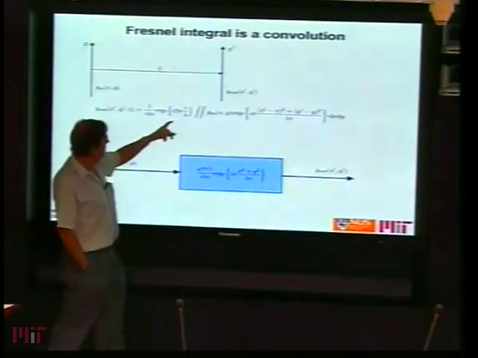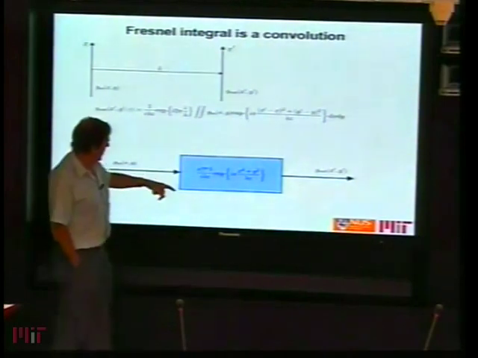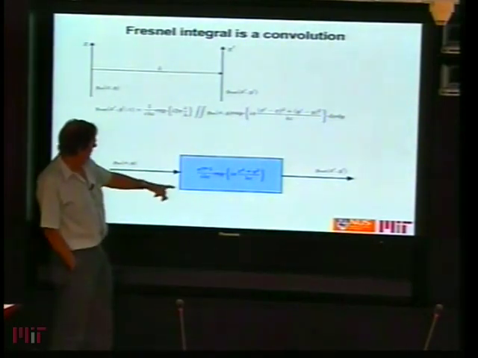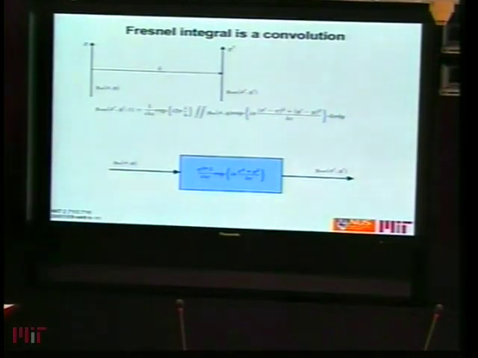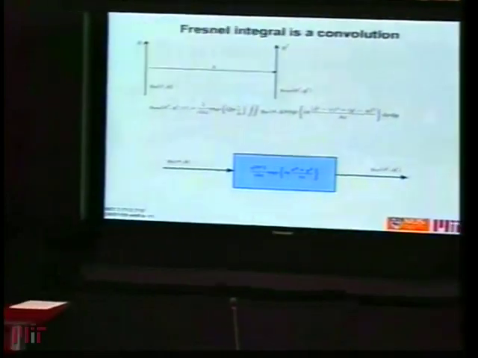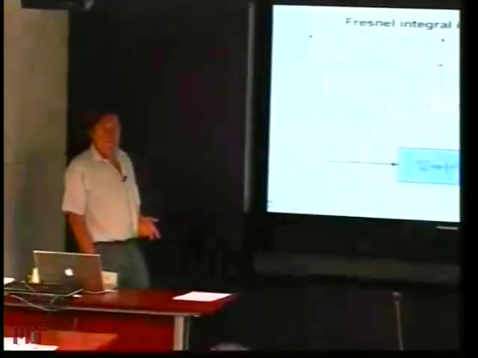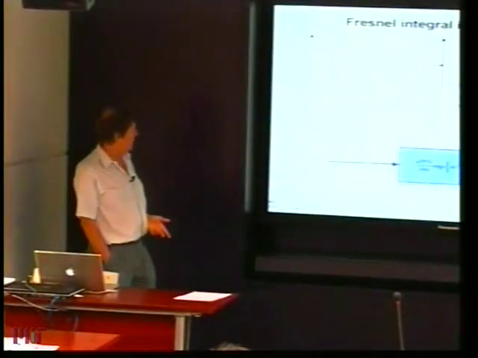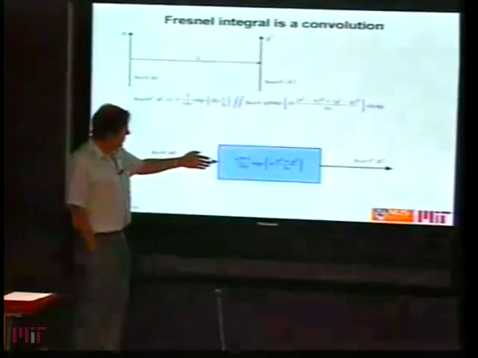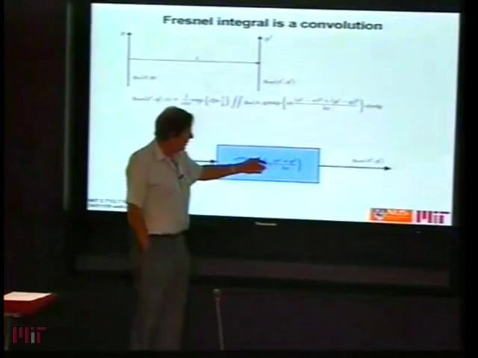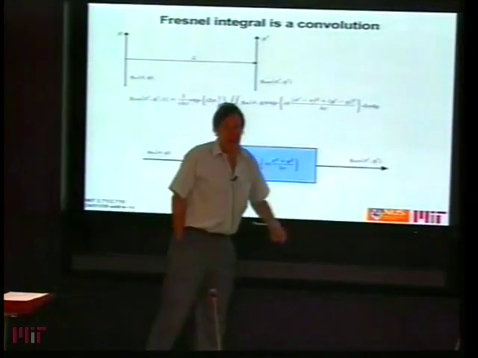So if you think of this as a convolution, the thing you have to convolve with is what's called the point spread function, or the amplitude point spread function. So if you put in some amplitude and convolve it with this, then you'll get something out.